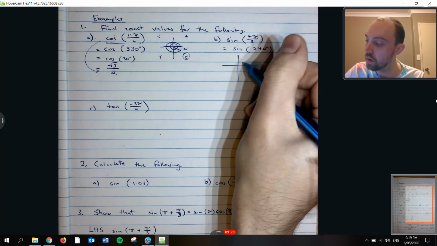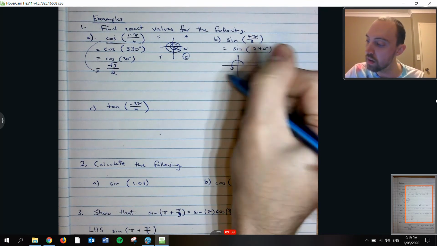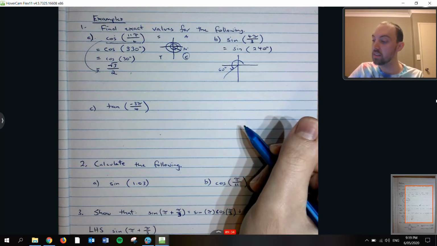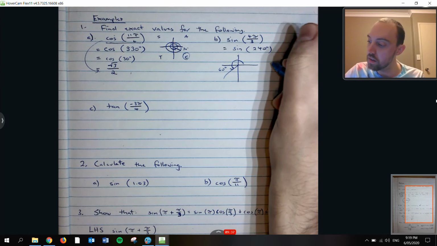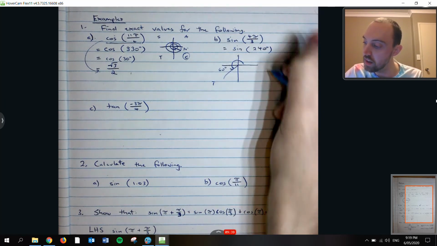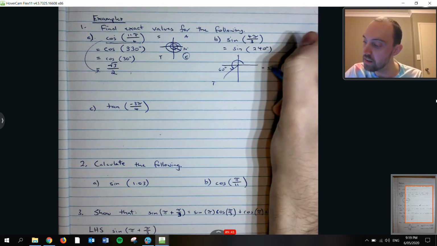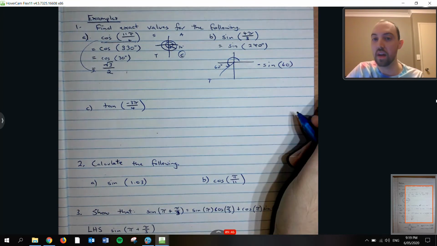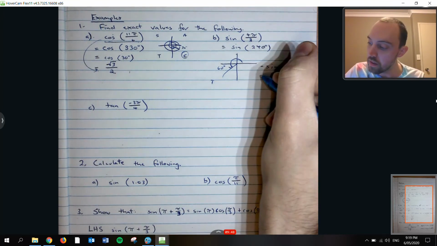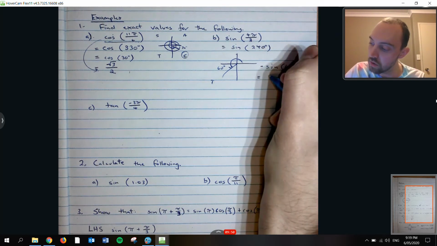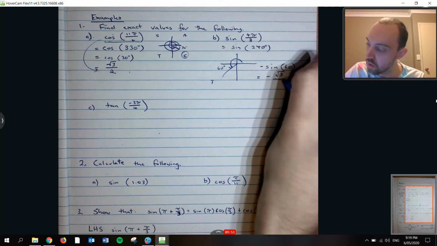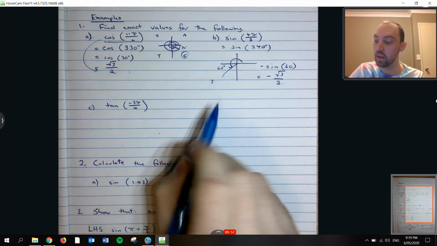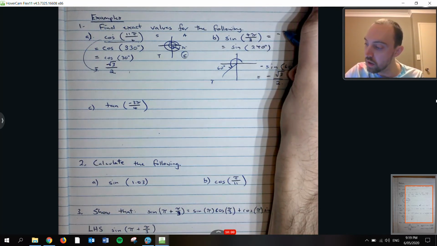Get my unit circle involved. 240 is about there. We're 60 degrees off of our x-axis. Alright, so this is t, means it's the same as negative sine of 60. Sine is negative in that fourth quadrant. And sine of 60 is also root 3 on 2. So we've got negative root 3 on 2 for sine 4 pi on 3.